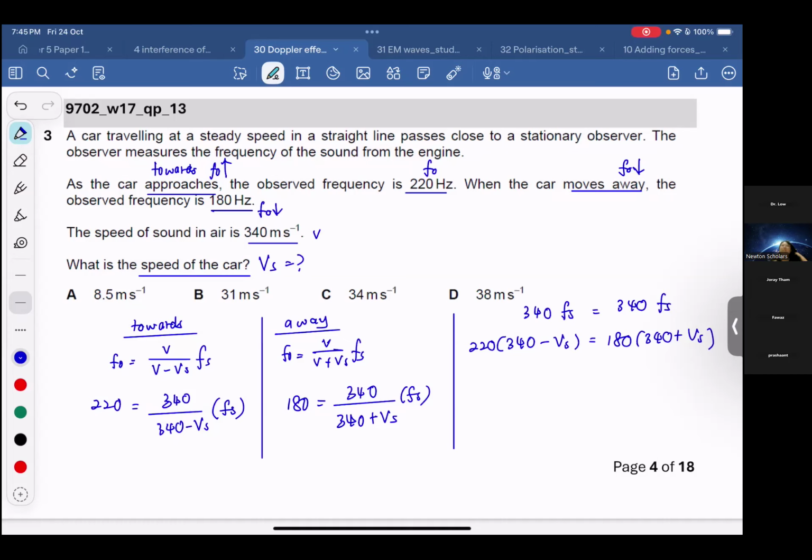How about others? Prasan, correct. Wesley, correct.